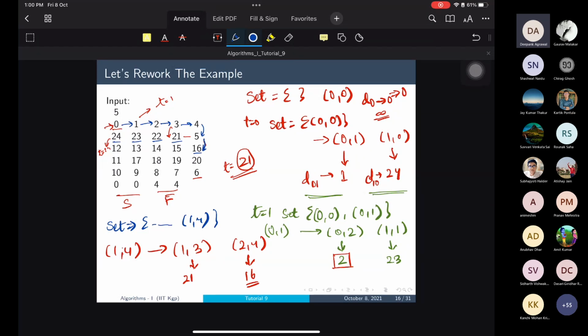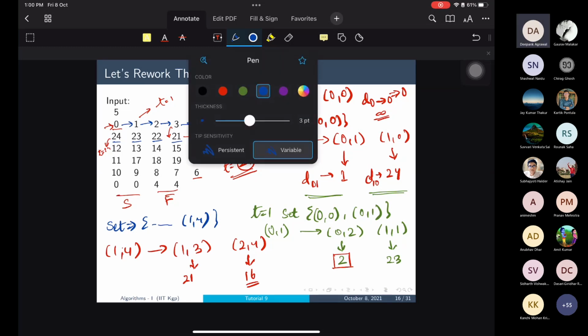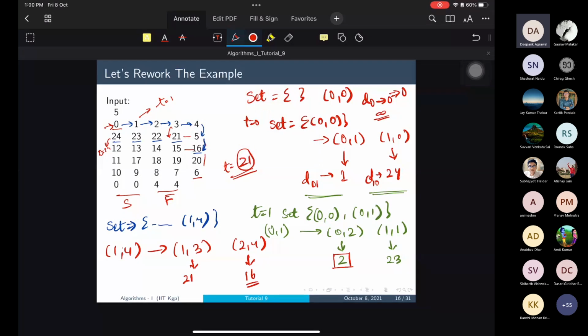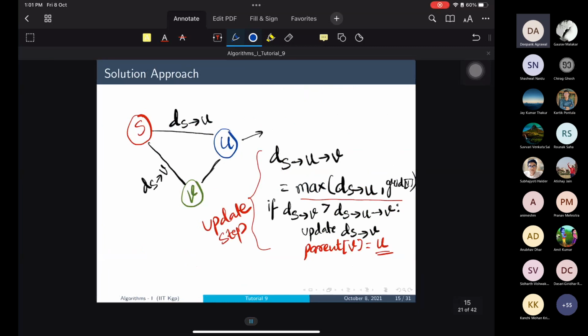Now from 16, either we can go to 20 or we can go to 15. Either here or here. So for 15, how we will update, same max function of 16, 15. The time taken to reach 16 is 16 and grid value is 15 here.